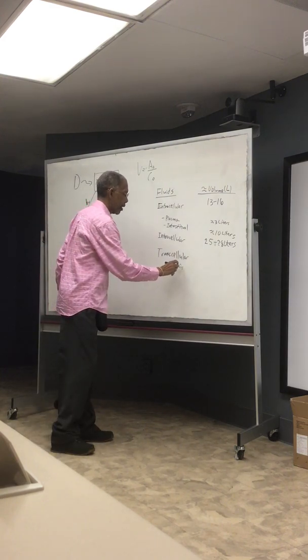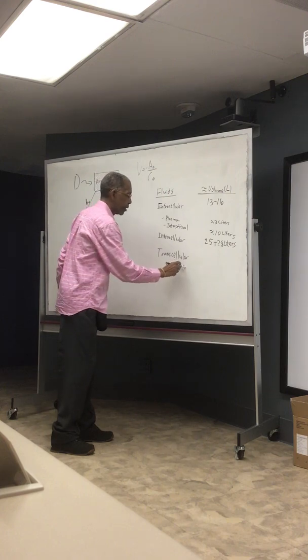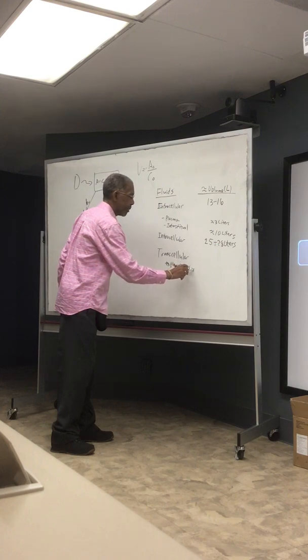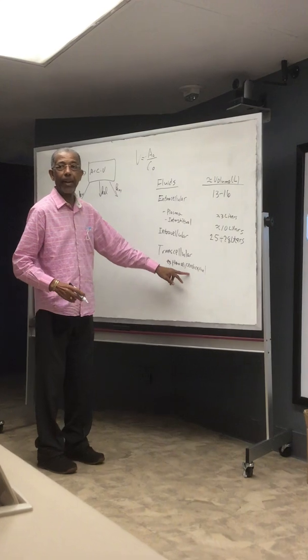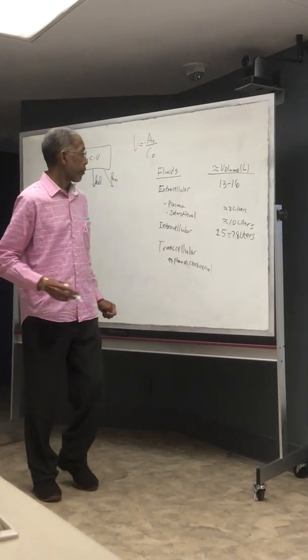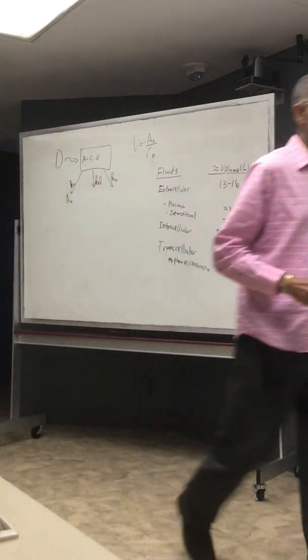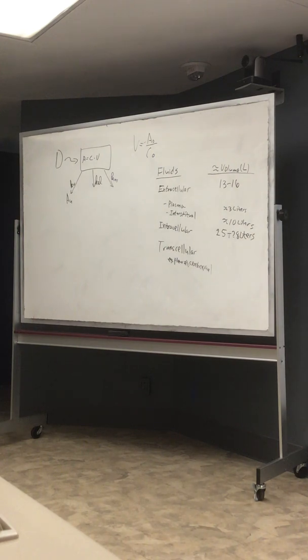Okay, pleural, cerebrospinal, cerebral. I'll try not to write any lower than this because I know for the folks in the back it's hard to see. Cerebrospinal fluids. These are just examples. Okay. And that transcellular fluid occupies a volume of approximately 0.7 to 2 liters.